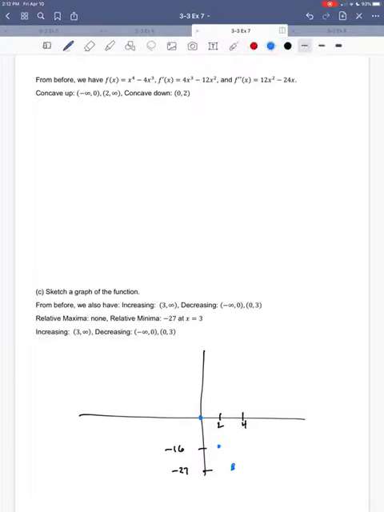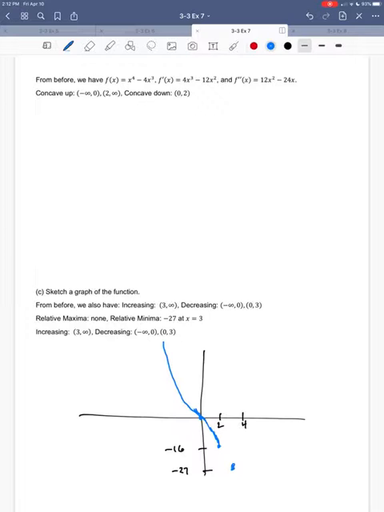So we can start sketching this in. It was concave up and decreasing over here. Now at 0 it changes to concave down, but only until I get to x equals 2.